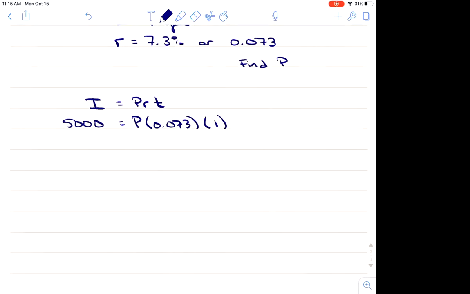So now we're going to solve for P. We have to divide both sides by 0.073 times 1. That's just 0.073, right? So we get P is 5,000 divided by 0.073.